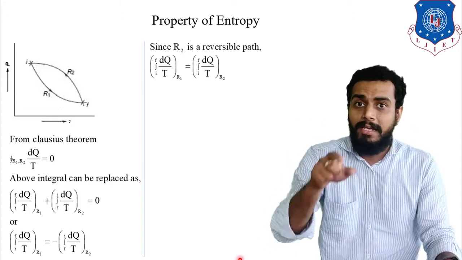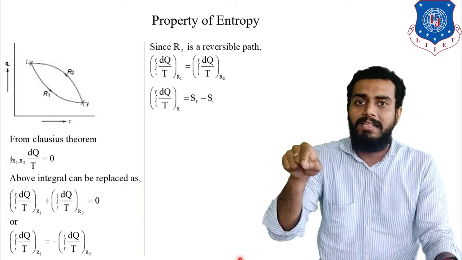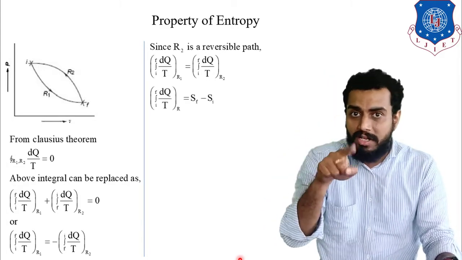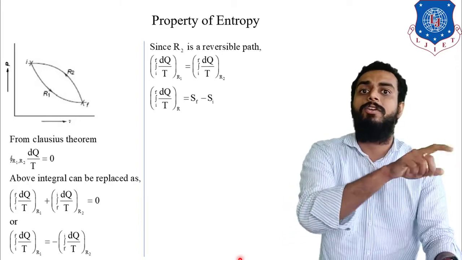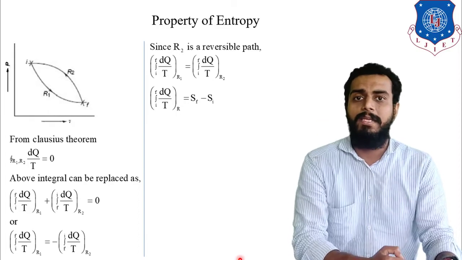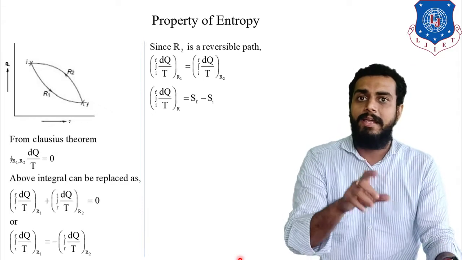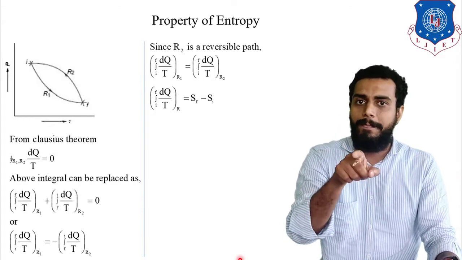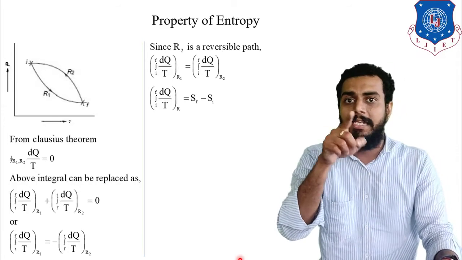And that is why this integration of dq by T for path I to F, which is a reversible path, is nothing but the change in entropy. That change in entropy can be written as SF minus SI, where SF stands for entropy at the final state and SI stands for entropy at the initial state.